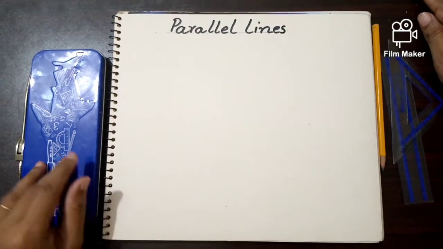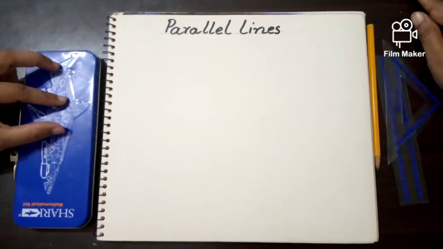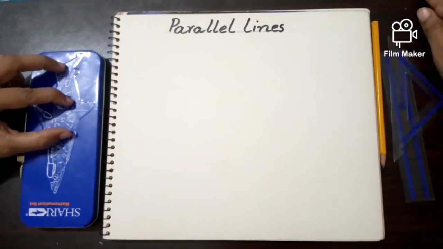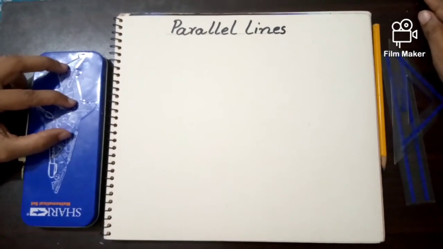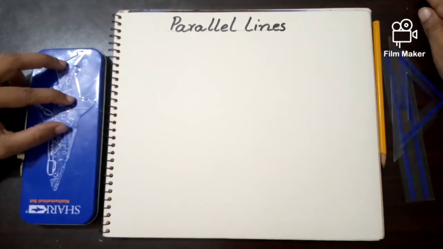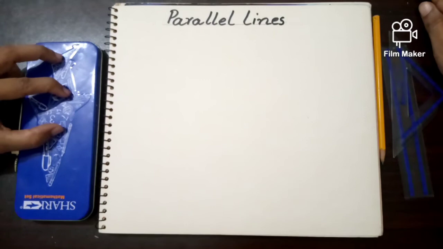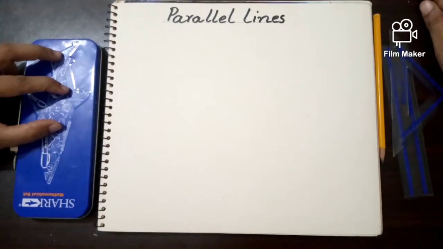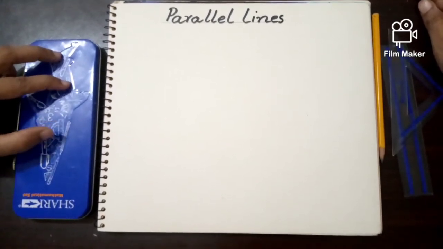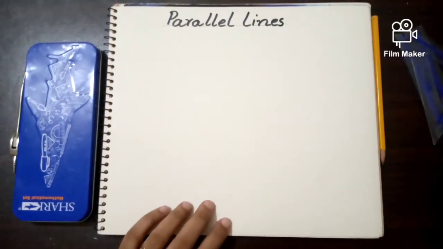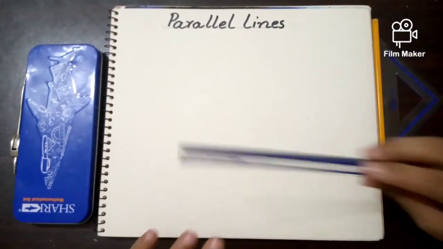Okay, students, now we are going to draw parallel lines. What are parallel lines? Two or more lines which do not intersect or meet each other are called parallel lines. They have the same distance between them at any point.